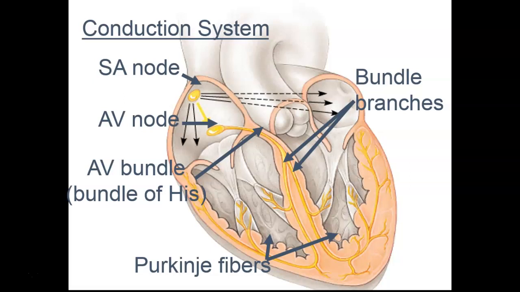But the important part about the intercalated disc and the cardiac conduction system are the gap junctions. Gaps that form channel-like structures between adjacent myocardial cells. So when one cell depolarizes, ions can flow from one cell to another, to another, to another.